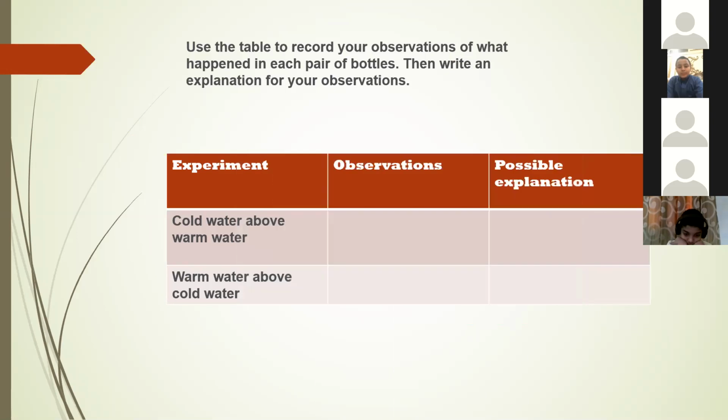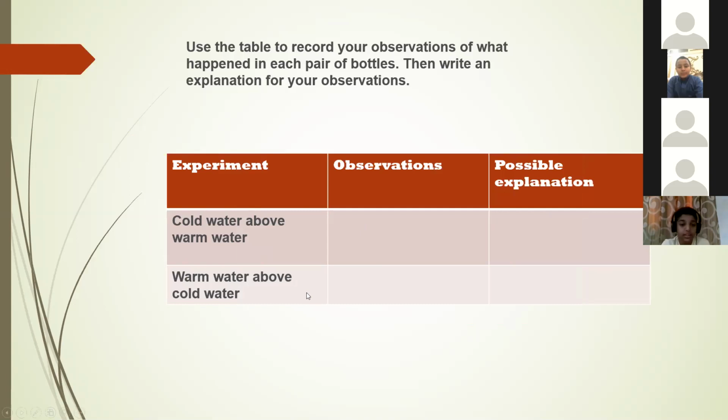Who can tell me from the experiment, what is your observation when the cold water is above the warm water? When you have the cold water above the warm water, what do you observe? The cold water will mix with the warm water because the cold water is up.